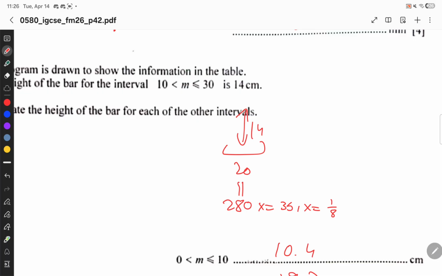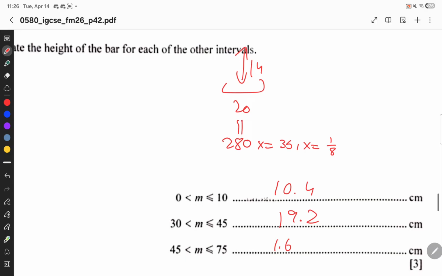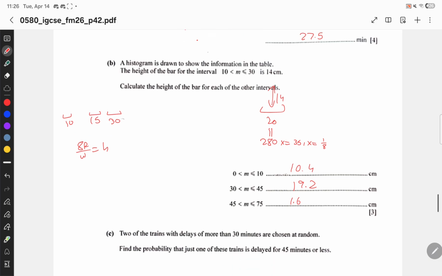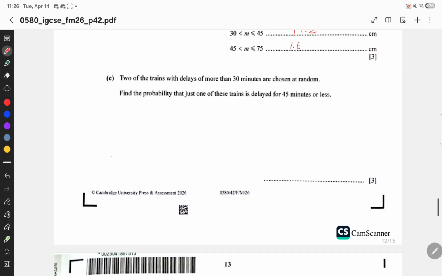What do I have to do to the frequency to get the area? I have to multiply it by 8 to get the area. So that's how I get this equation, 8 times the frequency is the area. I divided by width to get the height. I hope you can understand my thought process behind this.